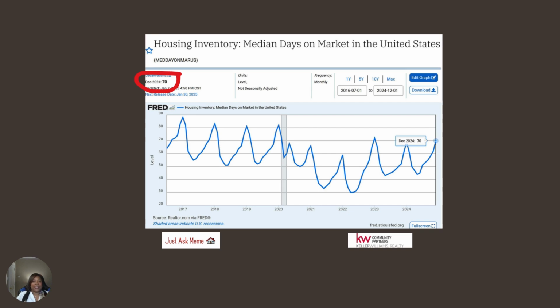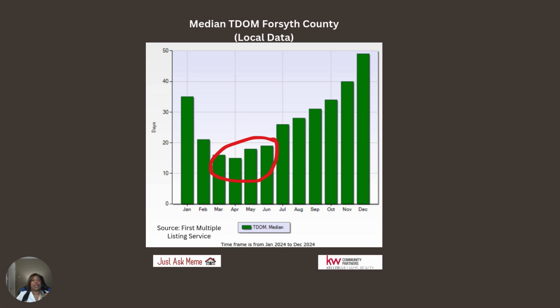Now, I always say this because why are we looking at the US and then looking at something different? Because your local market matters. What is happening in your local market is the driving factor to decision making.